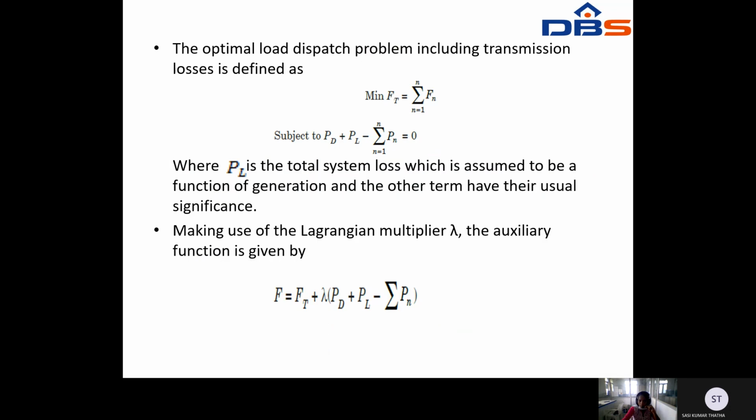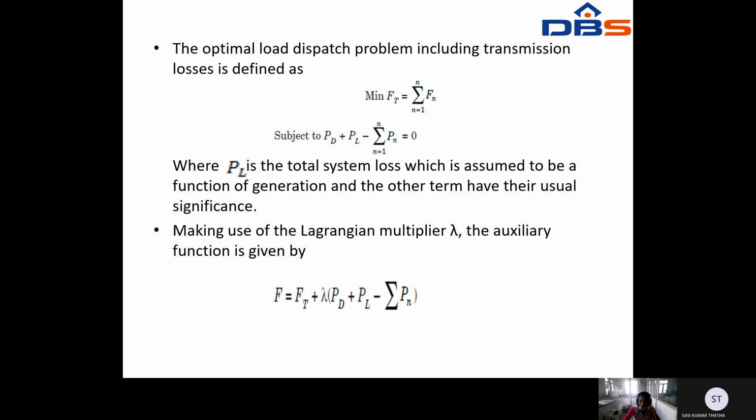The optimum load dispatch problem including transmission losses is given by: minimize FT equal to sigma n equal to 1 to N of Fn, subject to PD plus PL minus sigma n equal to 1 to N of Pn equal to 0, where PL is the total system loss, which is assumed to be a function of generation, and the other terms have their usual significance.